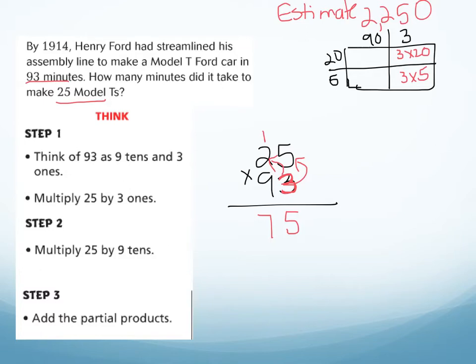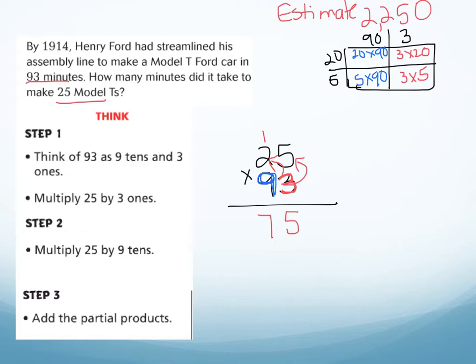Now I'm ready to go on to step 2, which is to multiply by my 9 tens. In my partial products expanded form box, my 9 tens is my 90, and I have to do 20 times 90 as well as 5 times 90. Now, my 90 or my 9 tens has a 0 in it.